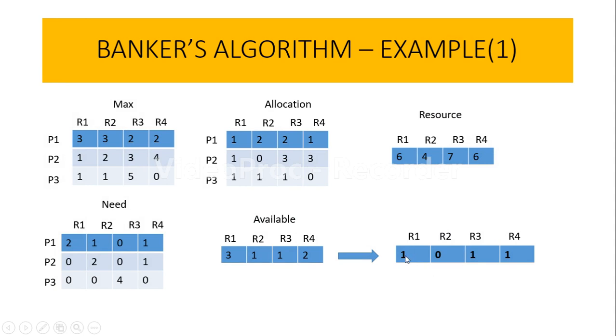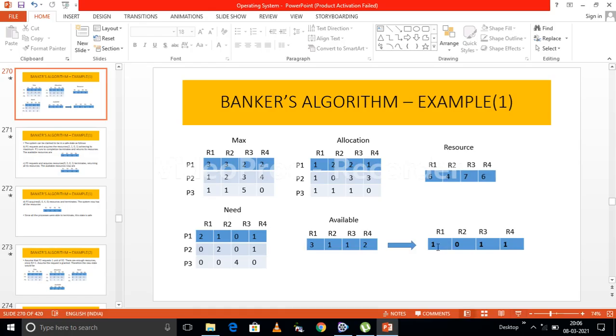After P1 has released all its resources, the availability increased and it was 4, 3, 3 and 3. The process P2 required 0 instances of R1, 2 instances of R2, 0 instances of R3 and 1 instance of R4. The availability was there.